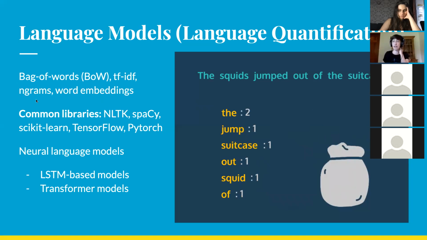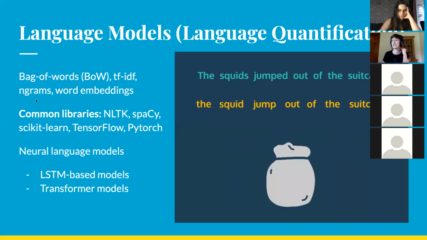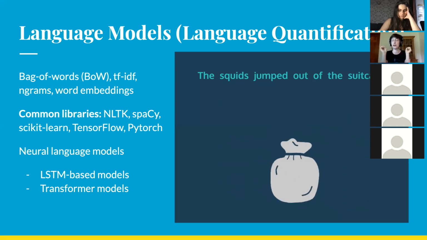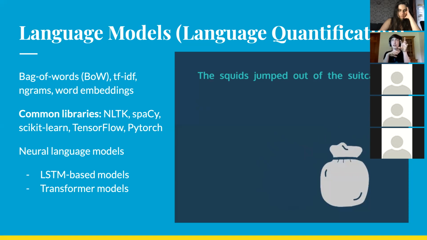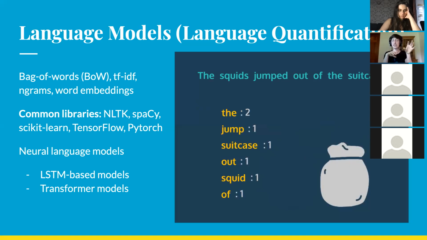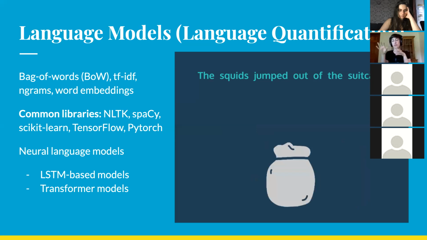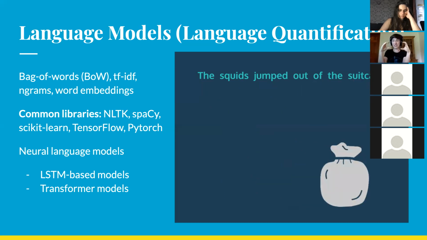N-grams is another way of doing some of this representation. This is sometimes useful if you want to do some text generation and you don't want to screw around with neural networks quite yet. N-grams allow you to chunk all of your language into pieces.